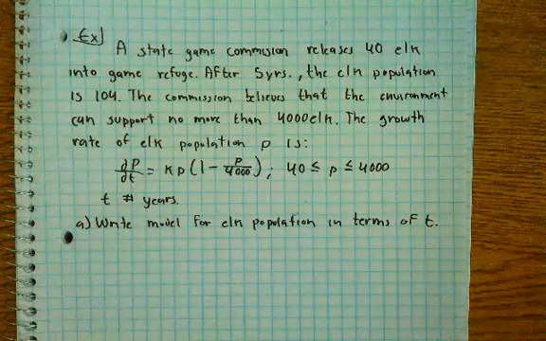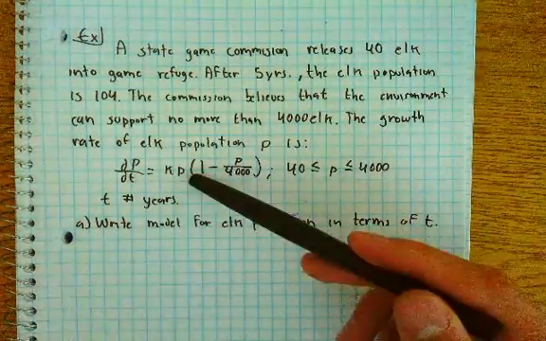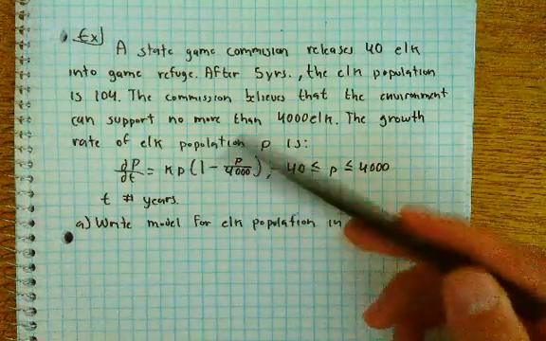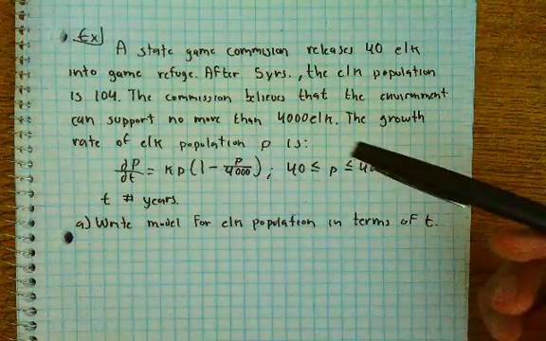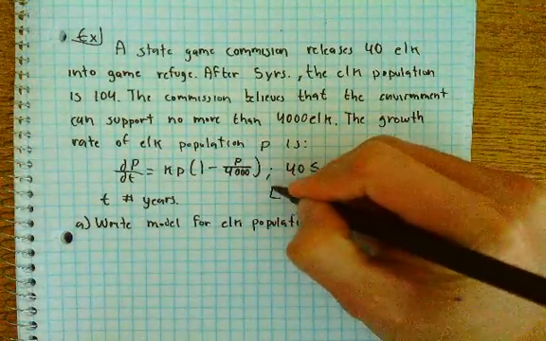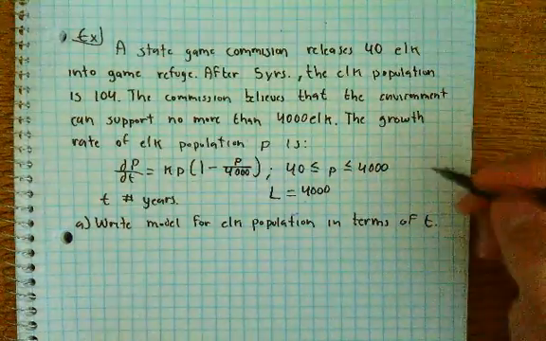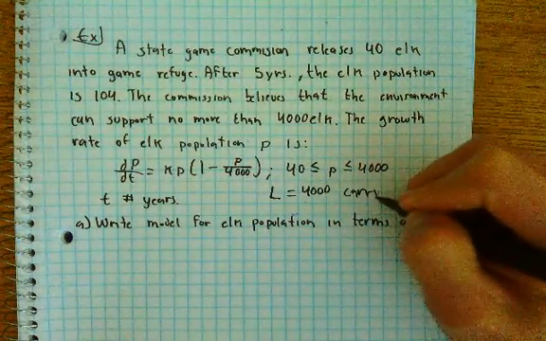If you remember, the one that I provided with you was, I believe, dy over dt equals ky times (1 minus y over L). And if you remember, L represented this number right here, which represents the carrying capacity.